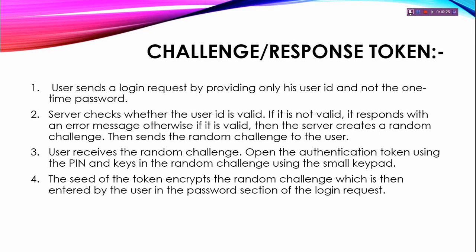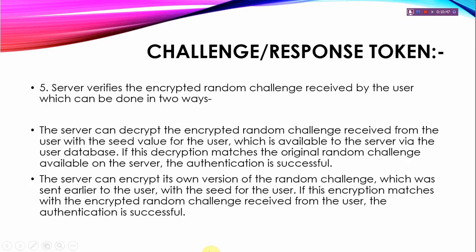The seed of the token encrypts the random challenge, which is then entered by the user in the password section of the login request. Means after entering the OTP in the device, it encrypts that OTP with the seed. Then the user sends the encrypted password to the server.